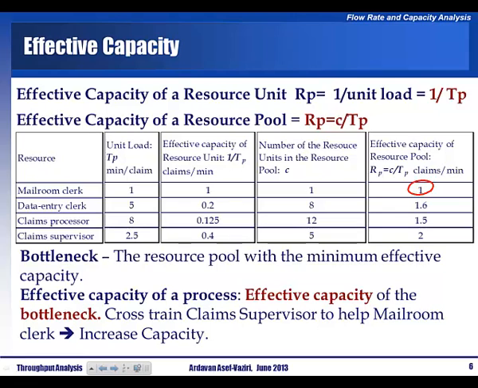Here in this situation, we can cross-train any of these people to be able to do the job of mailroom clerk, and therefore we can lift the bottleneck from 1 per minute to something greater than 1 per minute. But now we assume we stay with our system as it is.